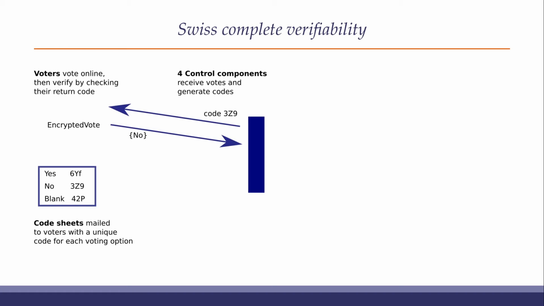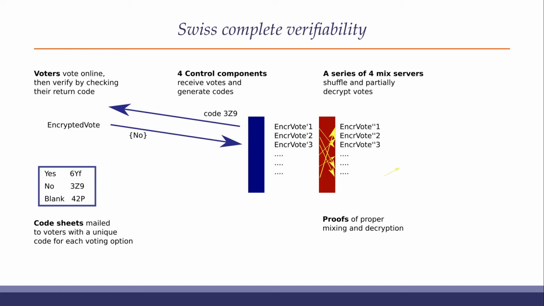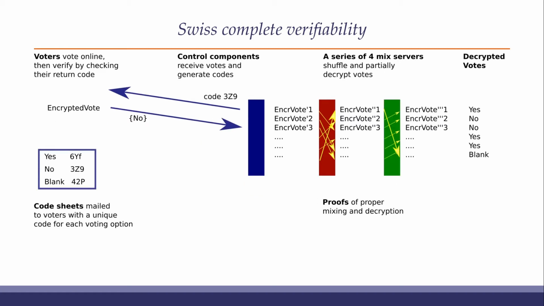And in particular, this is meant to defend against a malicious voting client that substitutes something the voter didn't want. Okay, then after the control components, it begins to look a lot like the last picture. We have a series of 4 mixed servers that shuffle and decrypt. In the Swiss system, they kind of shuffled and decrypted at the same time. And then we have an announcement of the results.